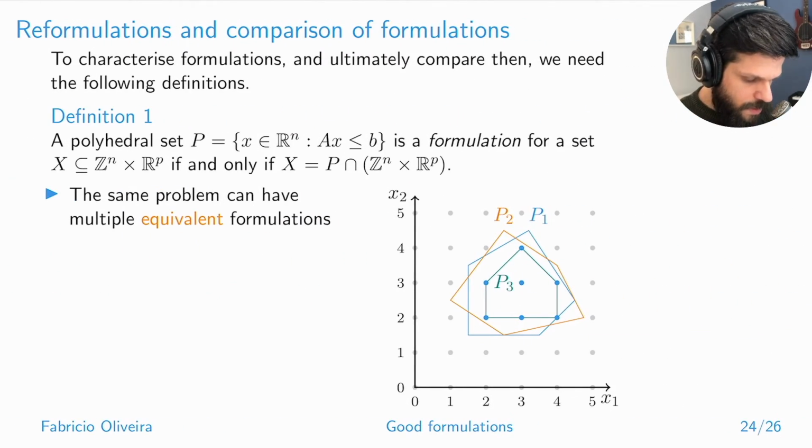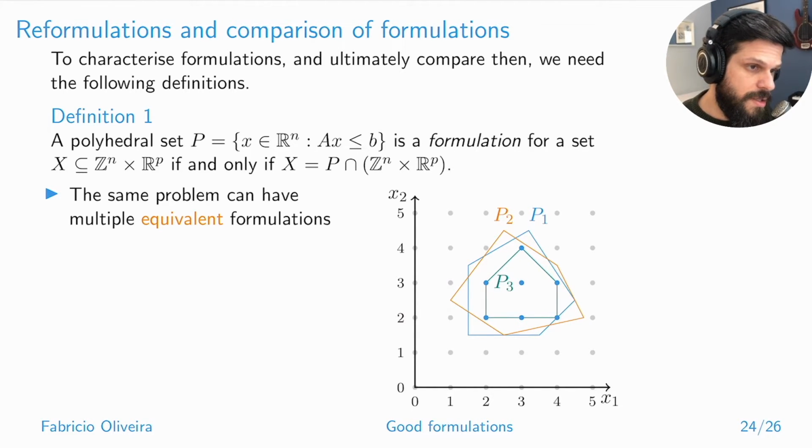So here is a picture illustrating the concept. Let's just pretend for a moment that P is 0. So we only have integer variables, right? So our space or domain is this collection of gray points there. And let's assume that our feasible set X, the collection of points within this domain that satisfy the conditions of my problem, are these points in blue here.